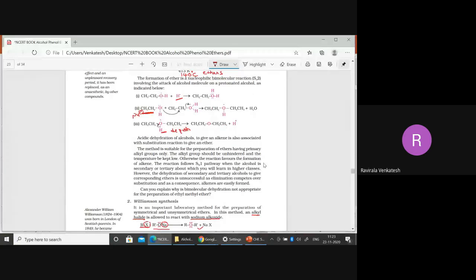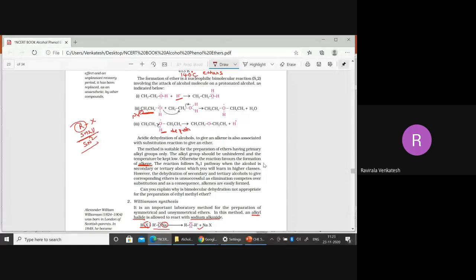But at 170 degrees Celsius, you are getting alkene. In that case, it never gives an SN1 mechanism, so you have to follow the SN2 mechanism, because the alkyl halide must be a smaller group. In SN2 mechanisms the group will be smaller.